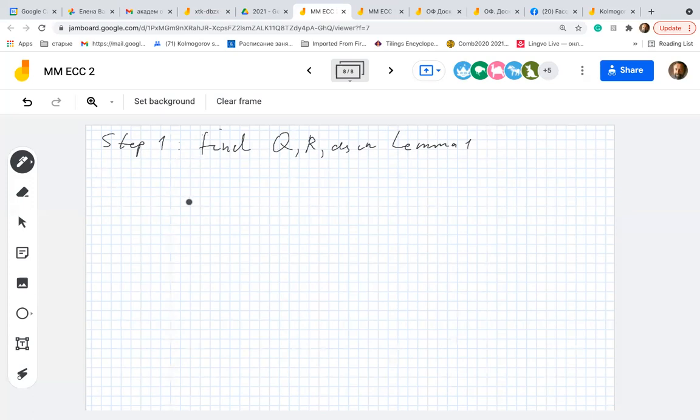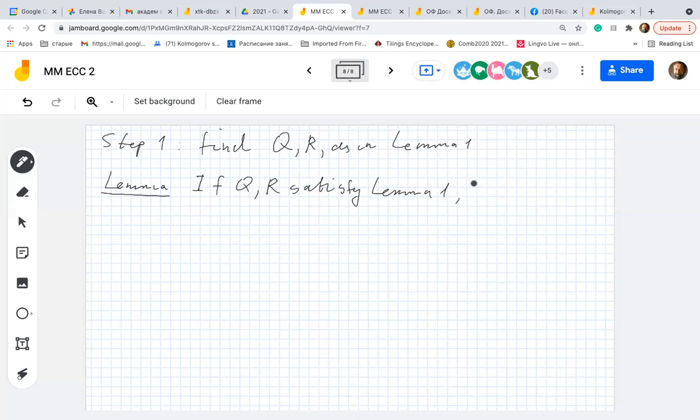Now we will proceed to the second step. For the second step, we will need the second lemma, which states that if q and r satisfy lemma 1, then r is divisible by q, and moreover, the quotient is equal to p.